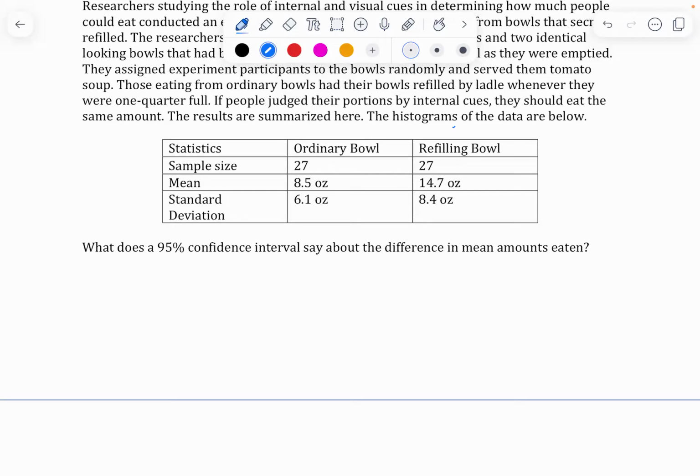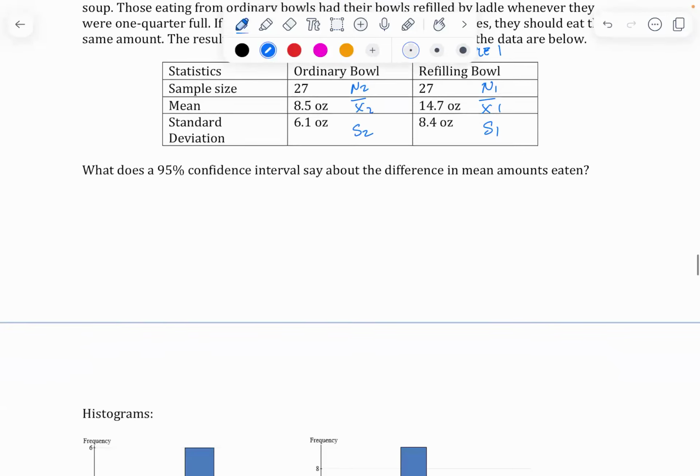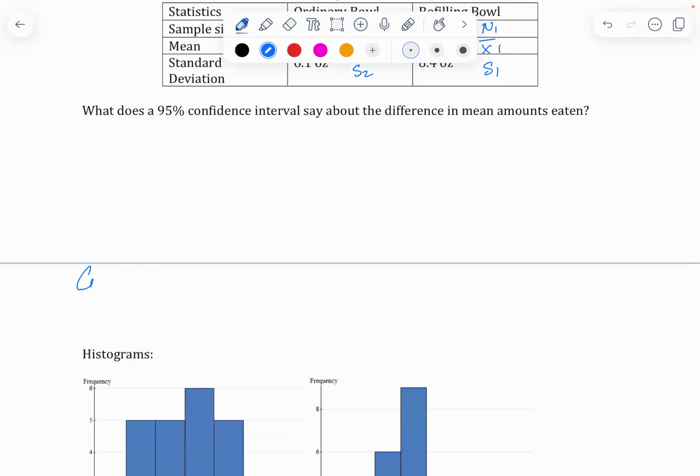So I am going to call this one sample 1, and this one sample 2, which means this is n1, x bar 1, s1, n2, x bar 2, s2: sample size, sample mean, and sample standard deviation. We identified everything right there. That means we can go to conditions.